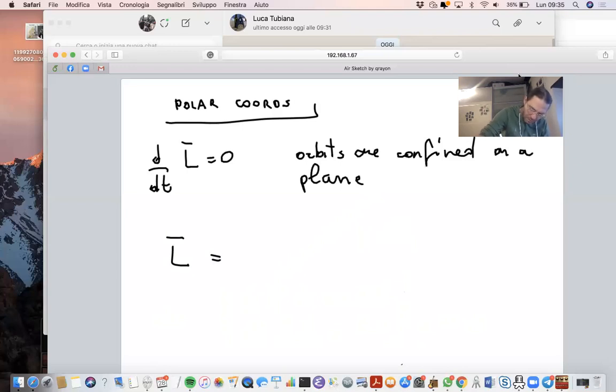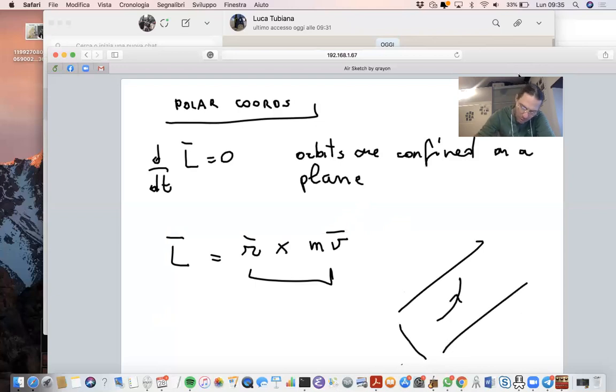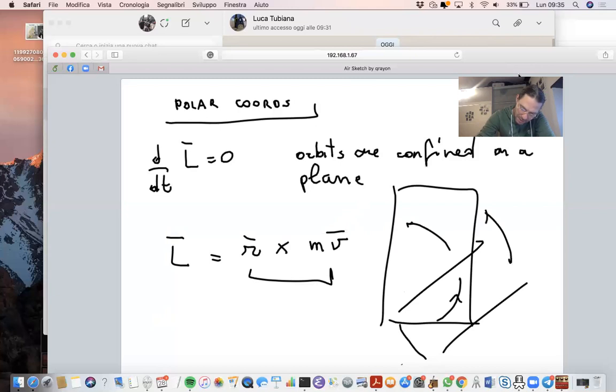Since this product defines a plane, if you change the plane where the particle has its trajectory over time, then necessarily you're changing the direction of the angular momentum. So you're in this plane at time t, and you're going to this plane at time t plus delta t.